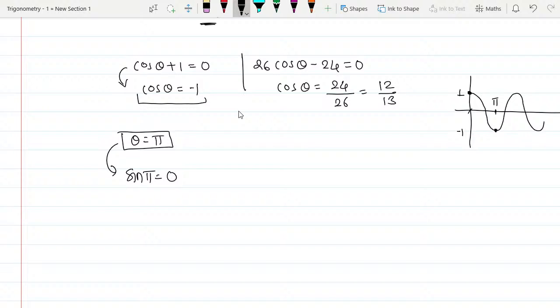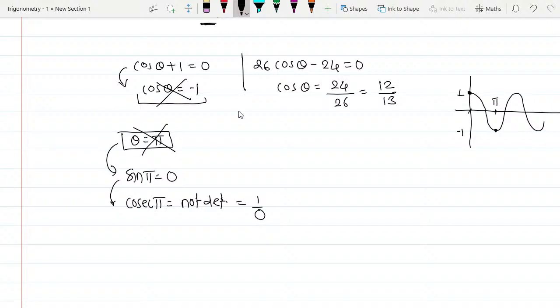At theta equal to pi, sin pi is equal to 0, then what happens to cosec pi? Cosec pi is not defined, because cosec is nothing but the inverse of sin, which is 1 by 0. 1 by 0 is not defined, so I simply cannot take theta equal to pi. So this is not valid in this case.